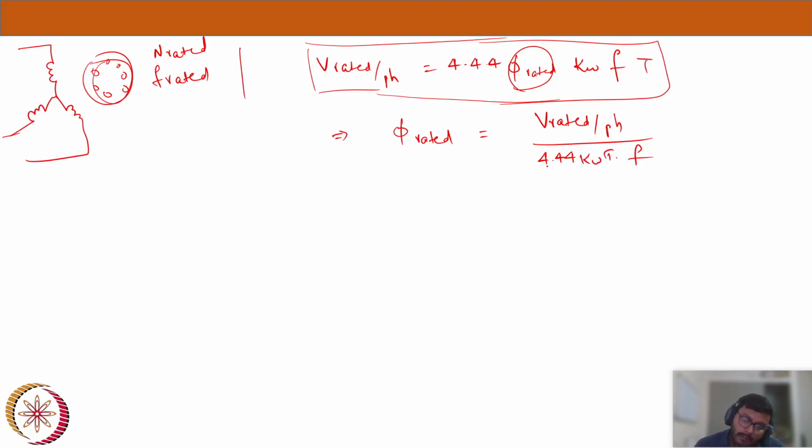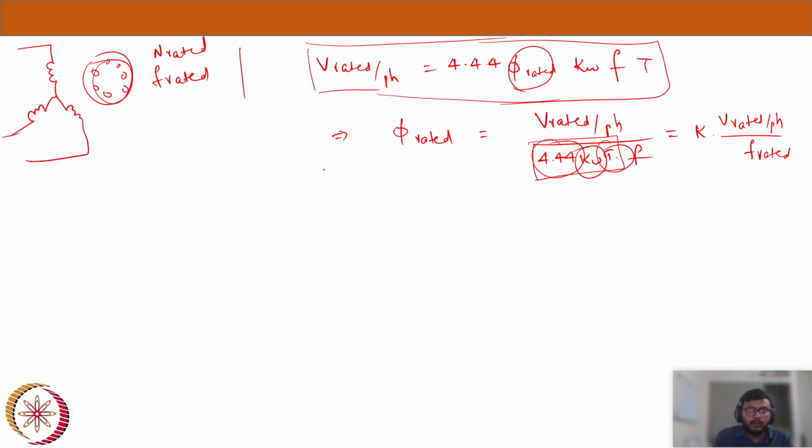Now once our machine design is finalized, I can't change the pitch factor because that is fixed. My distribution factor is fixed, and my turns are also fixed, and 4.44 is also a constant. Now this entire thing is a constant. I will separate it: K into V rated per phase divided by F rated.